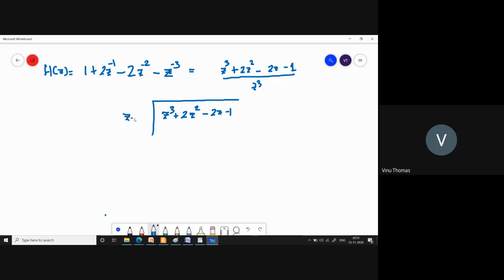So this should be z squared. So z cube minus z squared. That should give you 3z squared minus 2z. So that should be plus 3z. So 3z squared minus 3z. That should be z minus 1 should be 1.